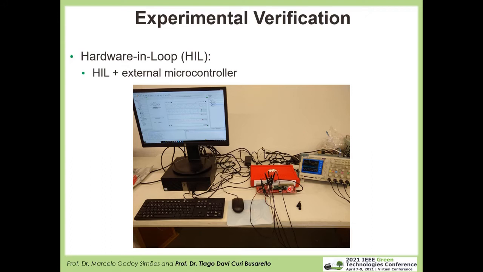All the power structure is running in the hardware in the loop device, and the controller is running in a microcontroller. From the point of view of the microcontroller, it is interacting with a system that the controller doesn't know if it is real hardware or hardware that is being emulated in a hardware in the loop device. These are the three major types of evaluating our digital controller experimentally.